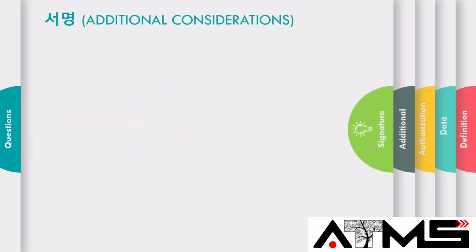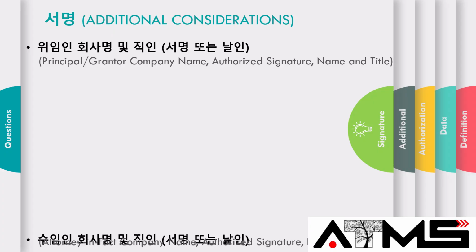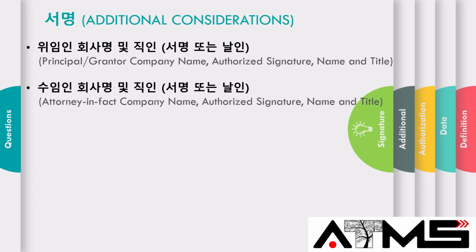Lastly, the POA must be signed by both principal and attorney in fact. Name and company seal of the principal. Name and company seal of the customs broker or logistics company. Date of signing.